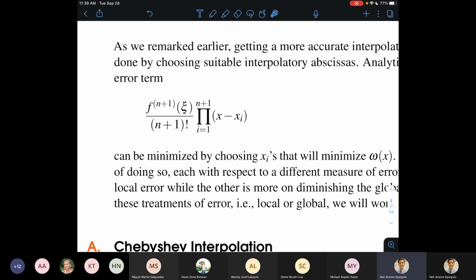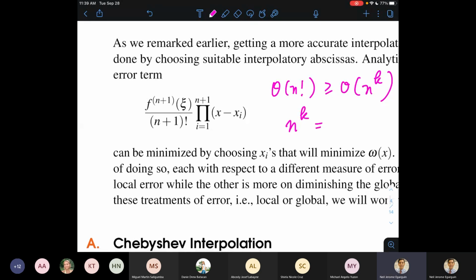Kasi factorials always grow faster than polynomials. Kasi ito ay magiging polynomial of a high degree. Okay? Ito ay degree n+1. Pero remember, big O of n factorial is always larger than big O of n to the k. Or n to the k is a big O of n factorial.